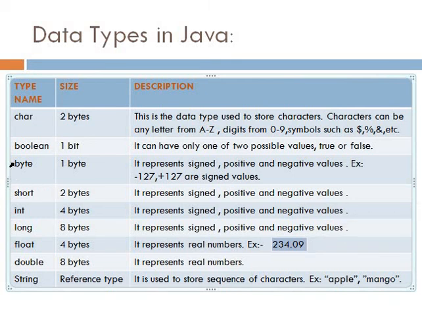Now if we look at the data types from byte till long, they can represent only signed positive and negative values, such as minus 127, plus 127, of this type. But they cannot represent fractional values consisting of decimals, like this.